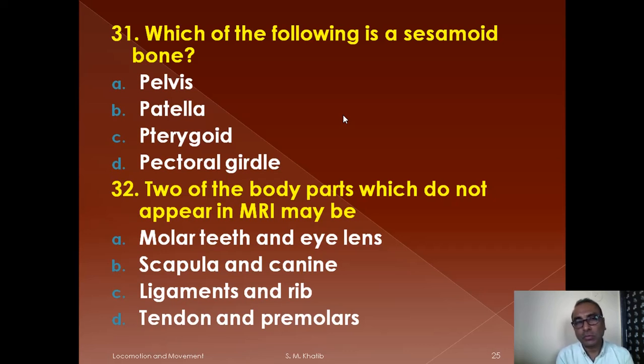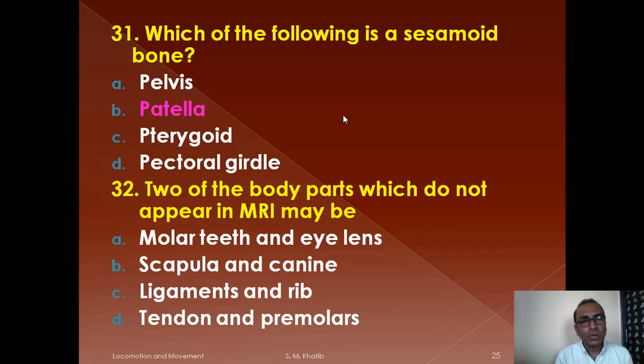That plays a very important role, so that only one way bending of our legs is possible. So that patella bone is a modified bone. It has developed from the tendon, fibrous connective tissue. So therefore patella is the right answer.